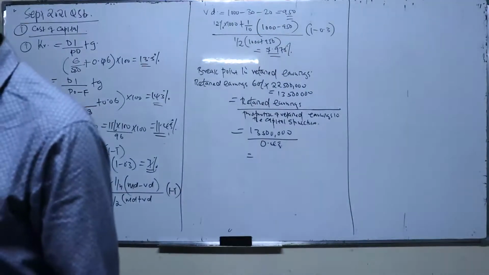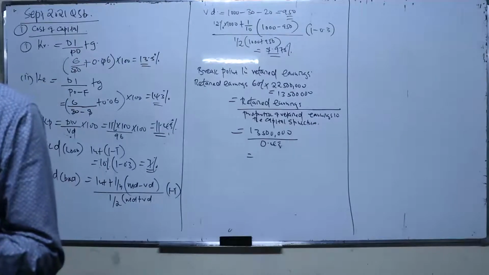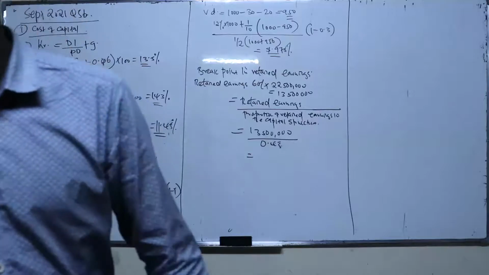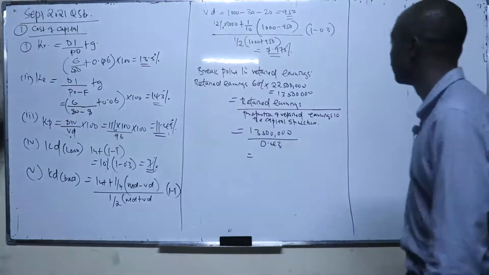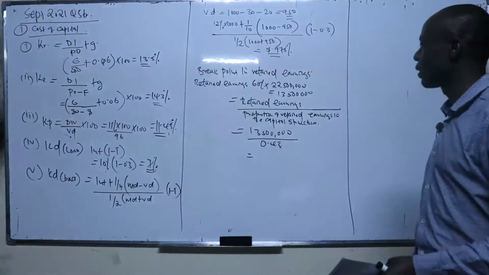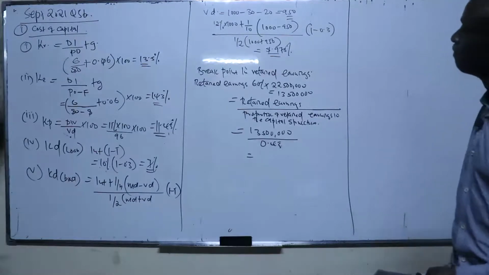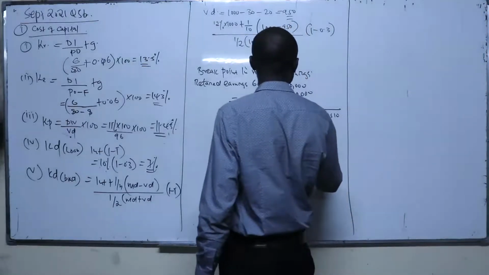The capital structure of the company comprises 15% debt, 40% preferred shares, and 45% equity. Equity and retained earnings are the same. Okay. So how much is that? 30 million.